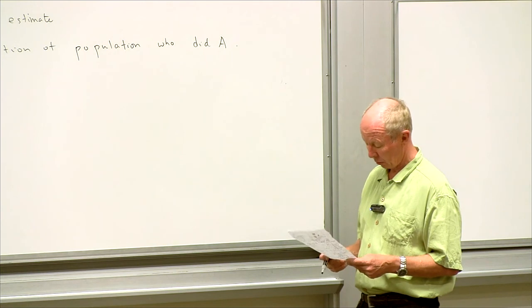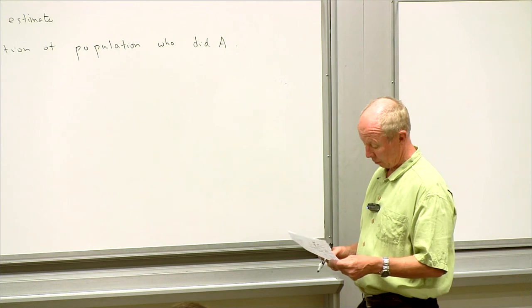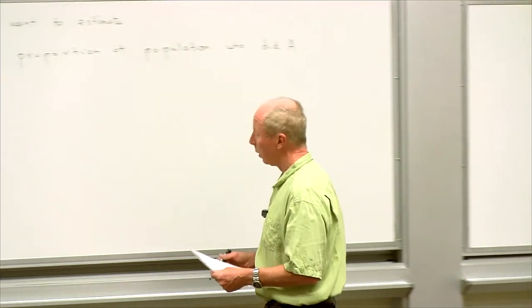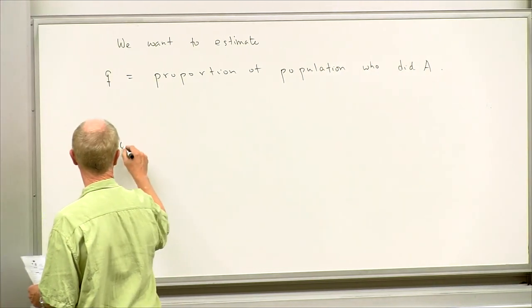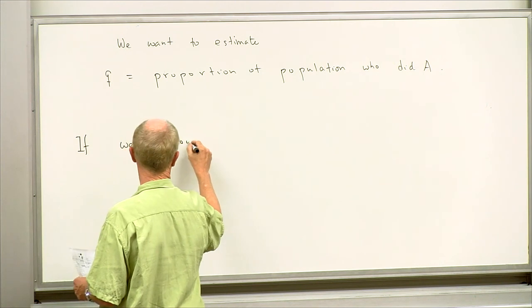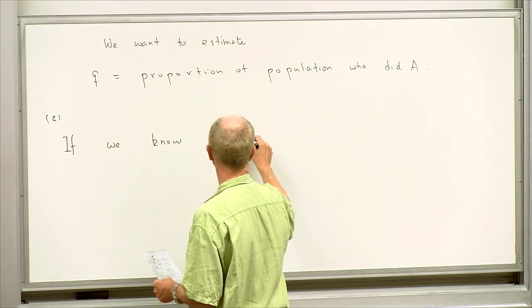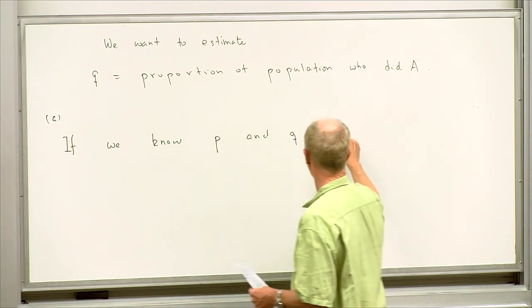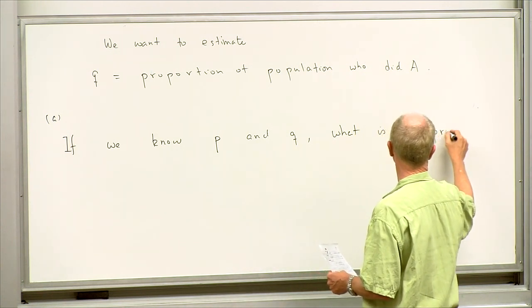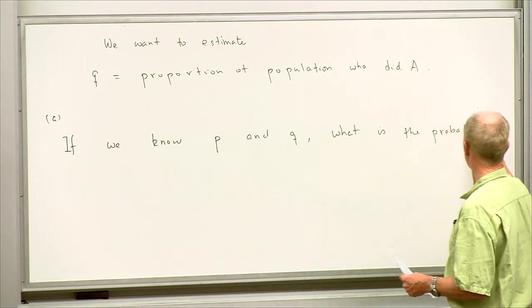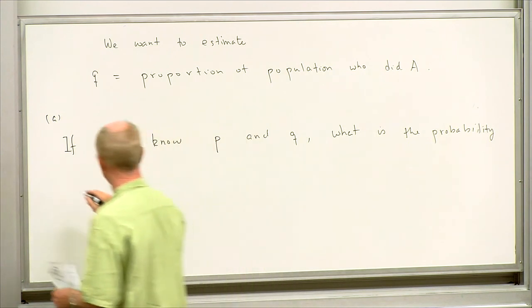So we want to use R somehow to make some inference about Q. So this is part A: if we know P and Q, what is the probability that the respondent answers yes?